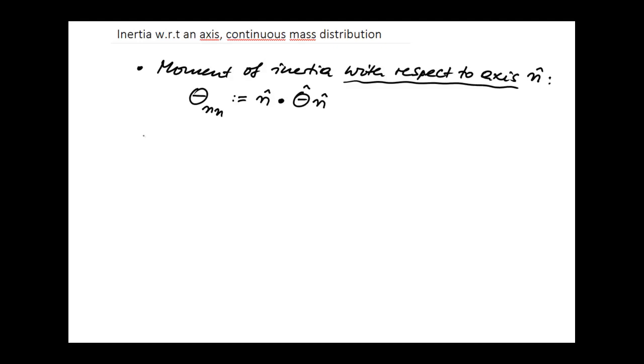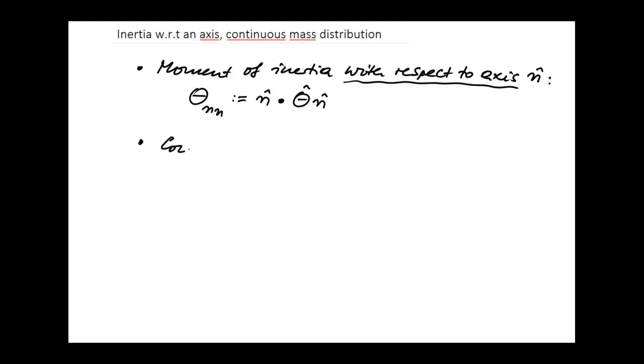The second remark is about the distribution of mass inside the rigid body. Up to here, to make life and calculations simpler, we assumed that the rigid body is composed of n mass points, so we always had discrete sums over all the mass points.